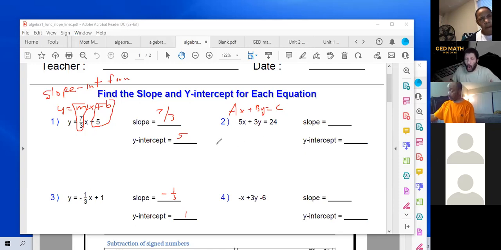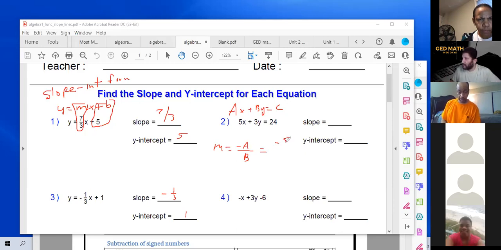To find the slope, all I want you to do is take the opposite of A. What is A in the standard form? 5. So the opposite of plus 5 is what? Negative 5. What's B in this standard form? 3. Positive. Look, you're done. That easy. Take the opposite of A, put it over B, you got your slope.